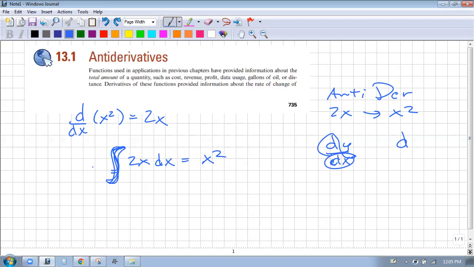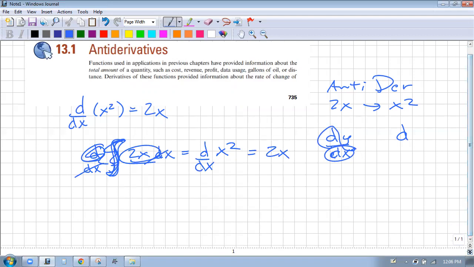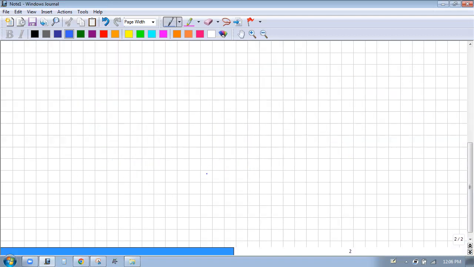If I took the derivative of both sides, this would cancel with that, and we have 2x equals the derivative of x squared with respect to x, which is 2x. So the symbols make sense. We're going to develop these symbols slowly. And there's one more symbol, the constant.